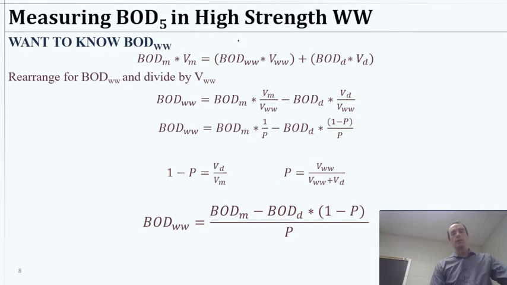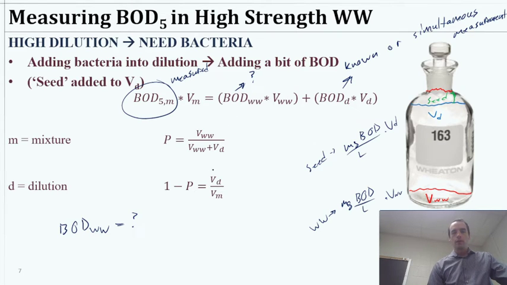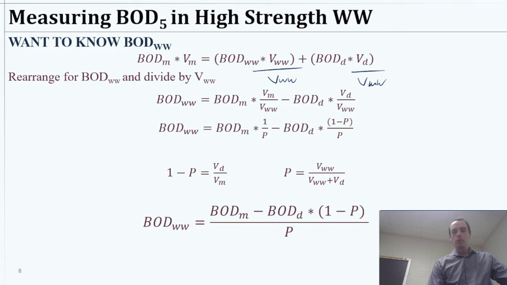That gets BOD wastewater by itself. Over here we've got VD over volume of the wastewater. That's what I was talking about a moment ago when I said the VD over the mixture parameter might be useful. So this is pretty close to that.